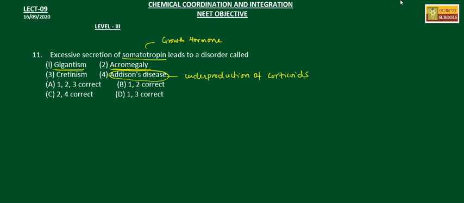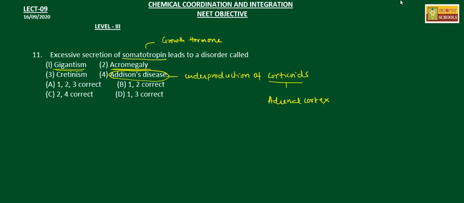So these corticoids are produced from the adrenal cortex. So this results in altering the carbohydrate metabolism, and as a result the person will be having some acute weakness and fatigue. Those are the symptoms of Addison's disease caused due to underproduction of corticoids.